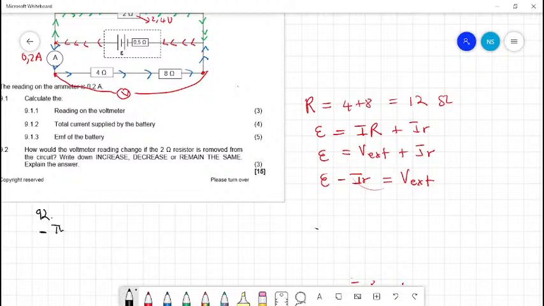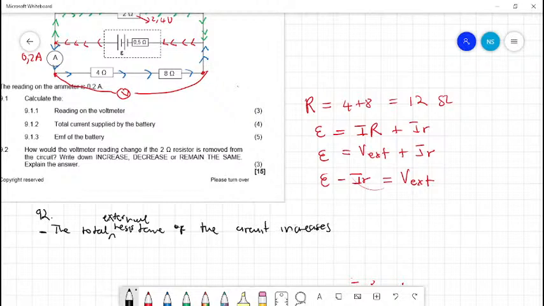So the total external resistance of the circuit increases.